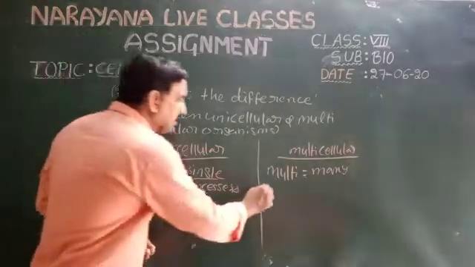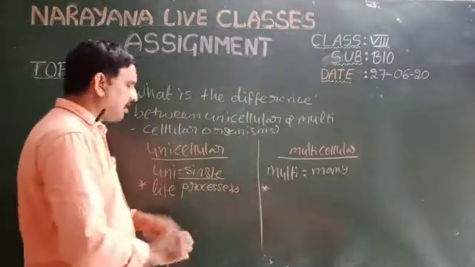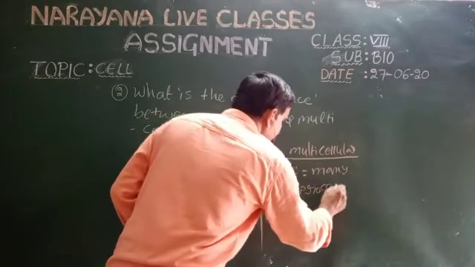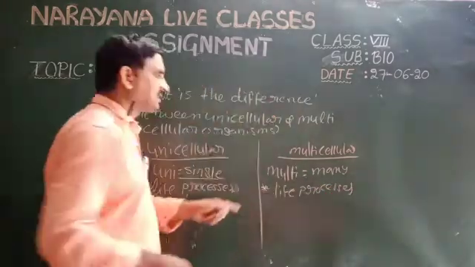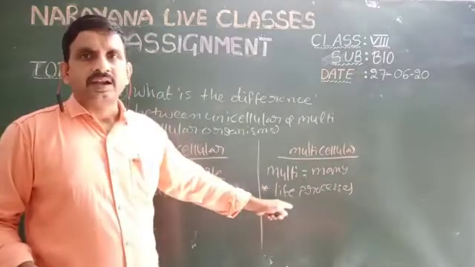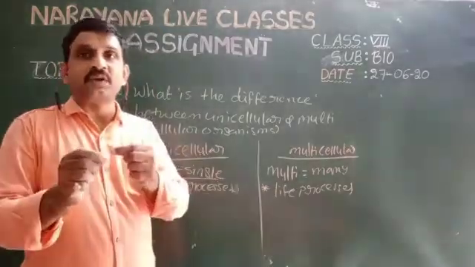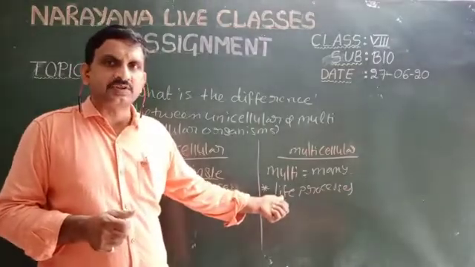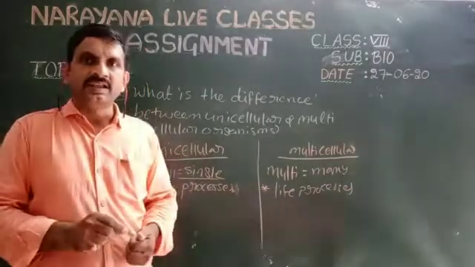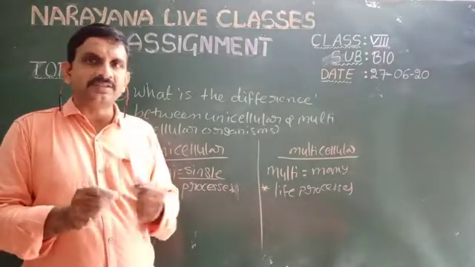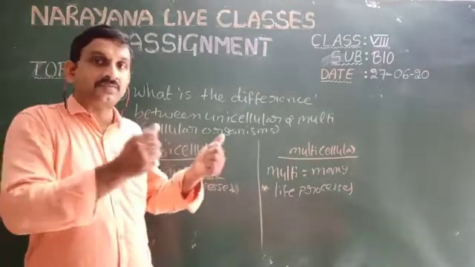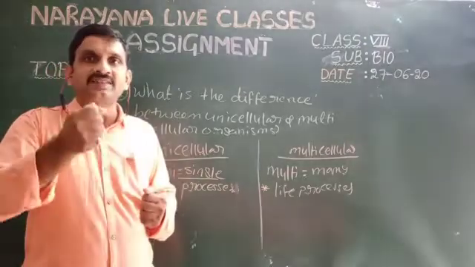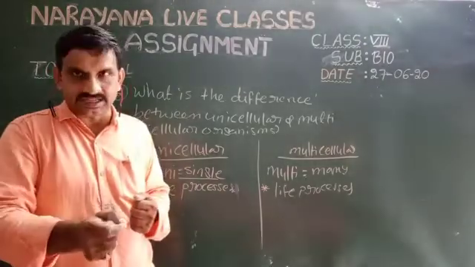But in multicellular organisms, there is different types of organization. Not a single cell. Here differentiation is there. Multi means many: different types of tissues, different types of organs, different organ systems. Each and every system has a specific function.